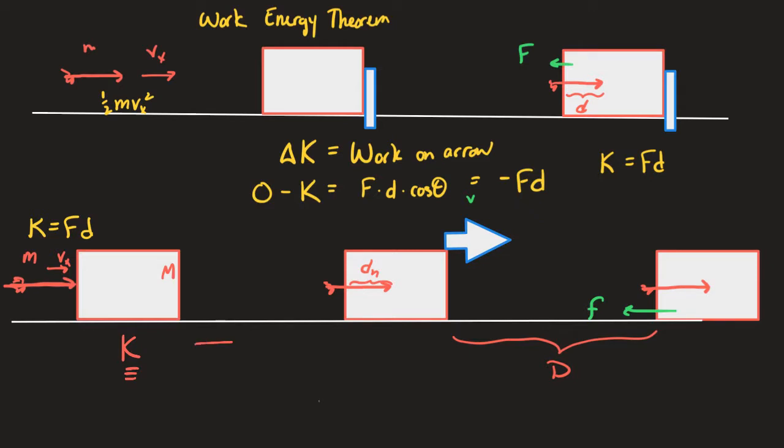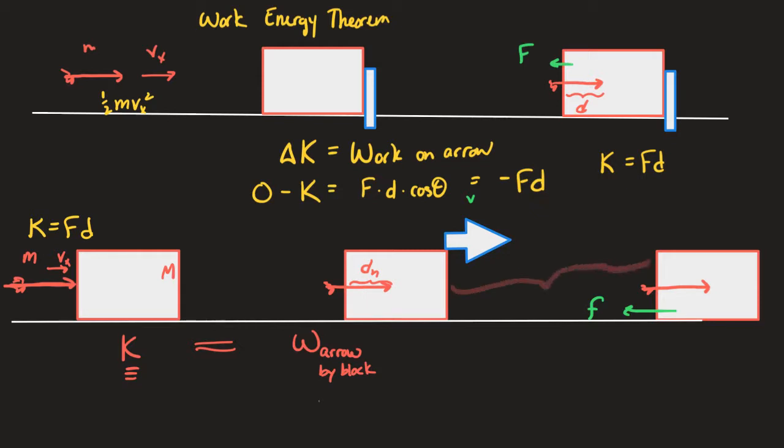This will have to equal the work done on the arrow by the block. That's going to take some of the energy out of the system, right? The arrow is going to slow down. Does that make sense? And then, just to make a little more room here, I'm going to have to reduce where this D is.